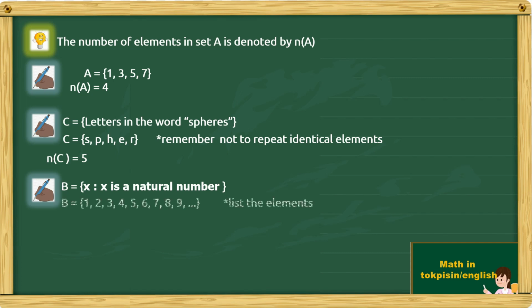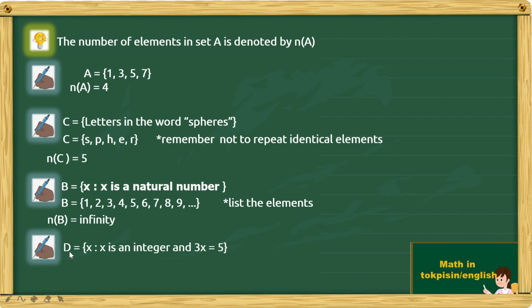Now B is equal to the set {1, 2, 3, 4, 5, 6, ...}. It continues to 9 and goes beyond that. So we will only say that the number of elements in set B is equal to infinity.